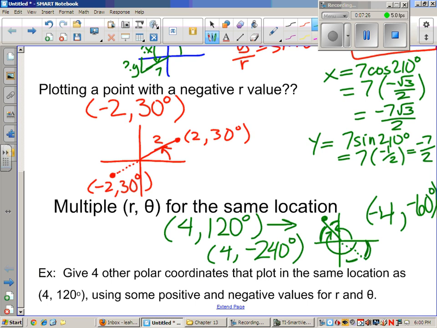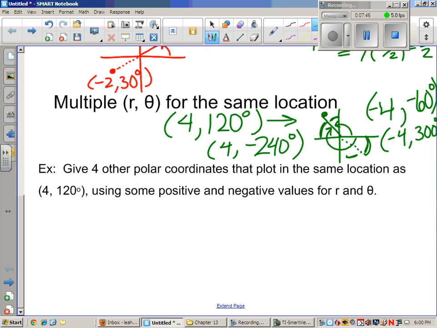Or negative 4 comma, the positive version of that is 300, because exactly 180 degrees away from 300 is 120. So if you're going to use a negative r value, you just find angles that are 180 degrees in the opposite quadrant away to be able to plot in the exact same location.